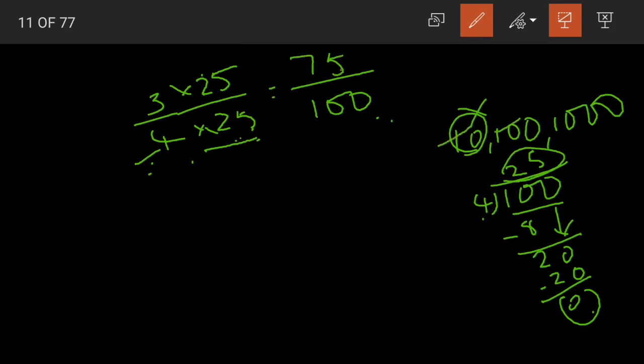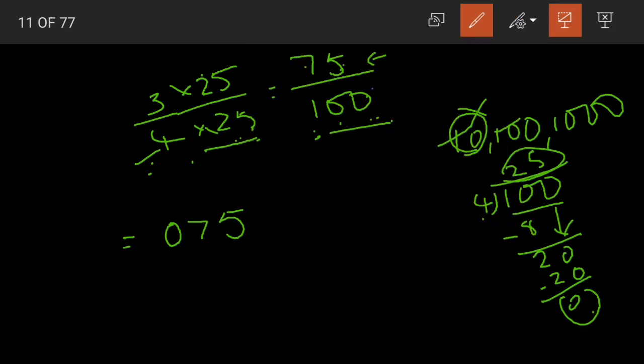Now we all know how to convert this into a decimal number, right? 75 by 100. In the numerator, we are having only 2 digits, but in the new denominator, we are having 3 digits. So for the third digit, we'll place a 0 to the left.